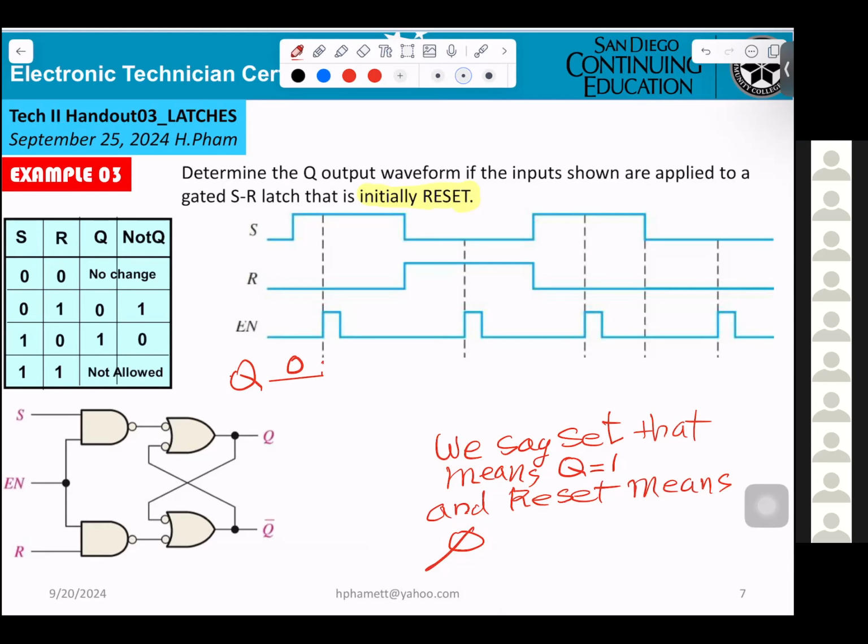Enable equal to 1. So you get S equal 1, R equal 0. What gives? 1. Perfect.